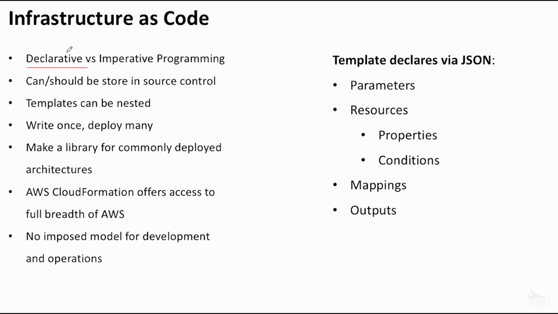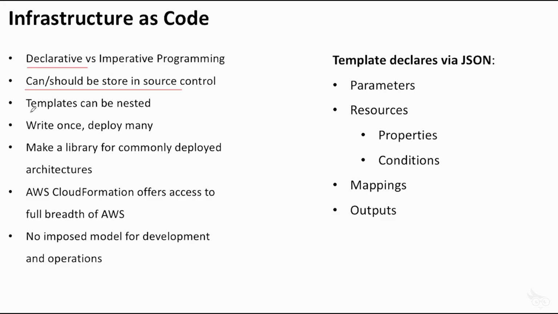And again, these templates, because they're just JSON text files, they should be stored in source control. And I can speak from personal experience that having your CloudFormation templates under source control not only makes working with a team a whole lot easier, it makes rolling back to a previous version a whole lot easier. It makes it a predictable place to know where you can find that particular template.